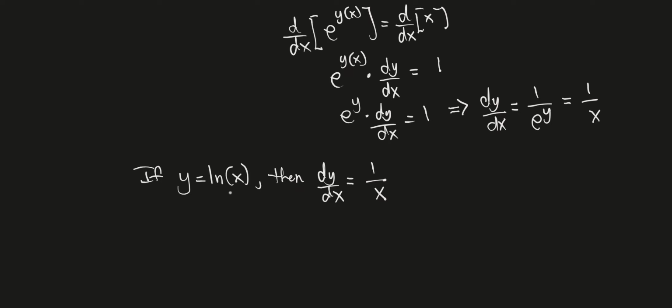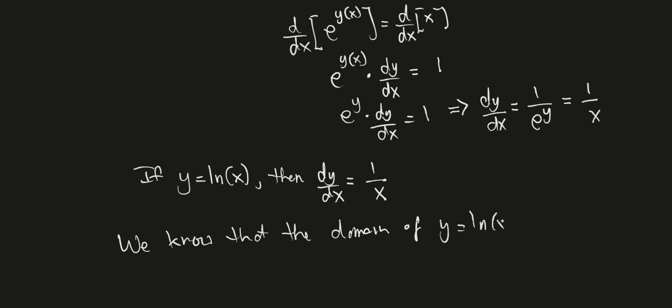All real values of x greater than 0. So let's write that down. So we know that the domain of y equals the natural log of x is the set of all values of x such that x is greater than 0, right?